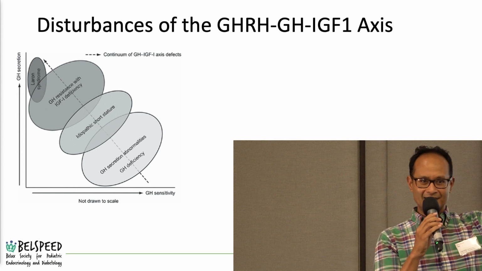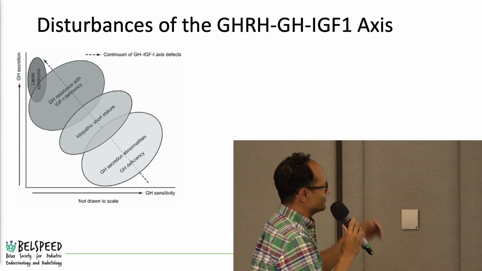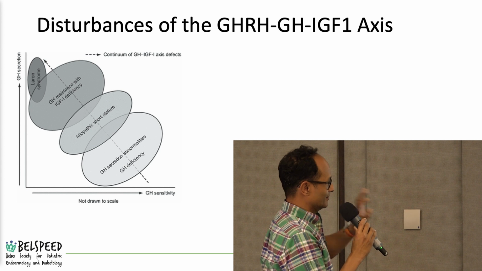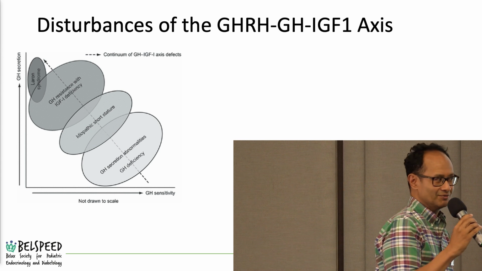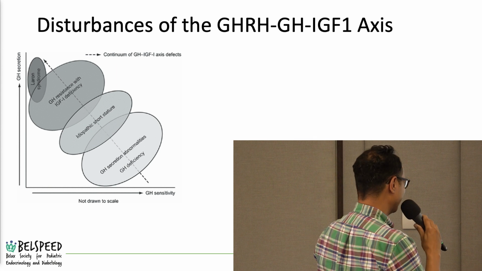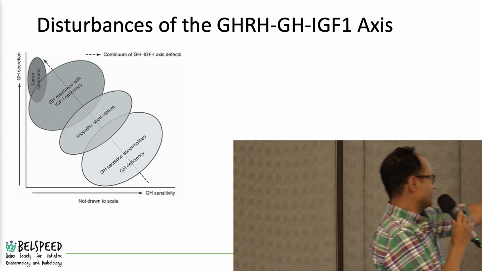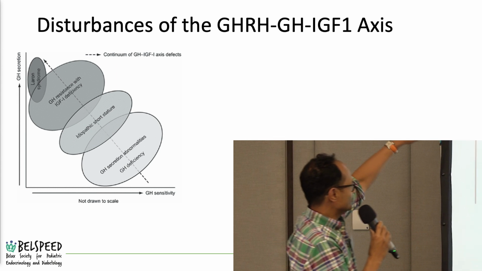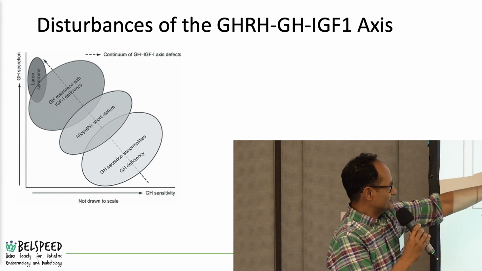So actually there can be a disturbance in all three of them. And as you can see, I think it's a very nice figure made by Professor Savage. He's one of the founding fathers, I guess, for growth failure. There is a spectrum of growth hormone deficiency, growth hormone resistance, and idiopathic short stature.